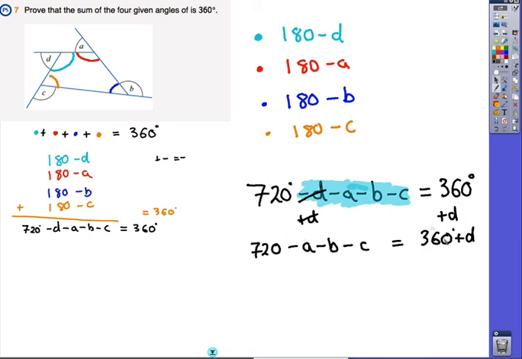And if we do this step with all the others, so if we add A, add B, add C, the minus A minus B minus C will cancel out with add A, add B, add C, and they go positive on the other side.